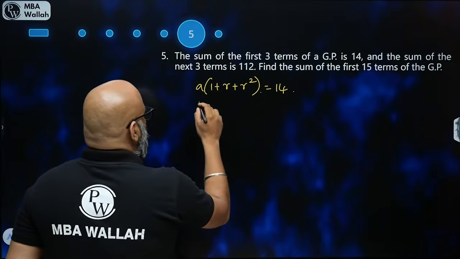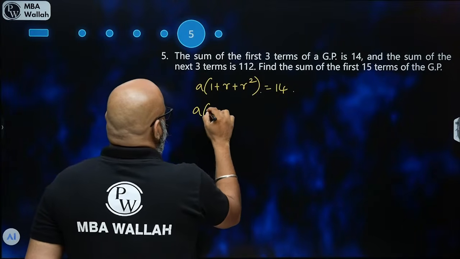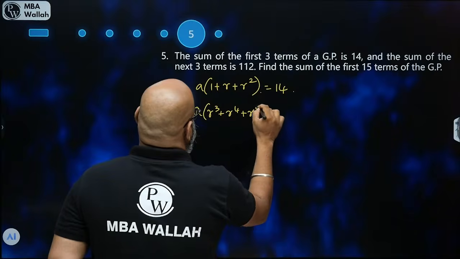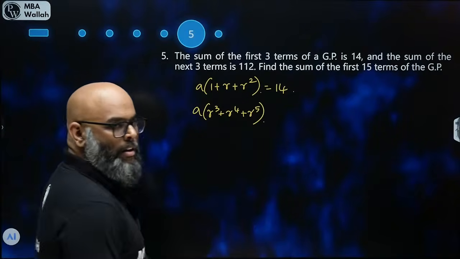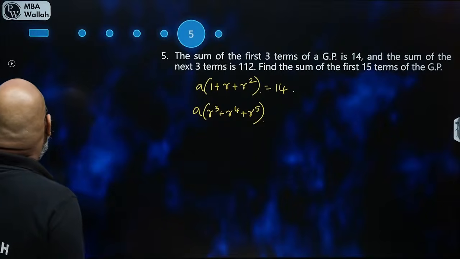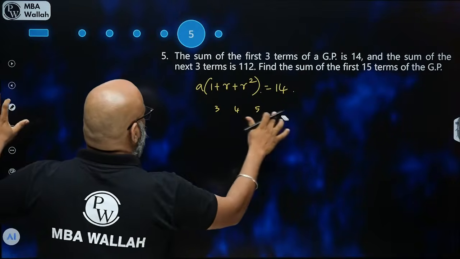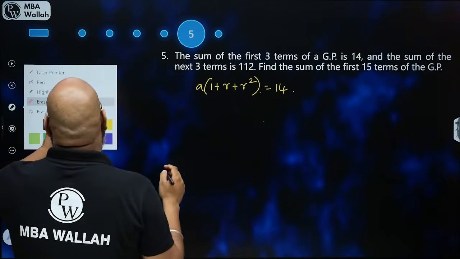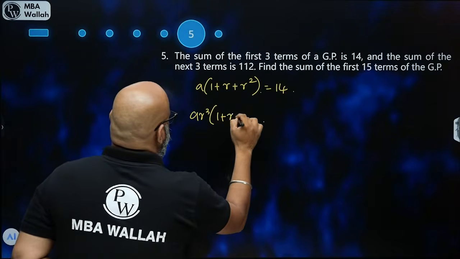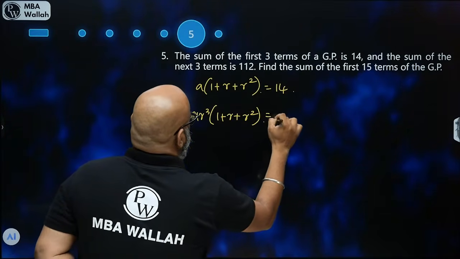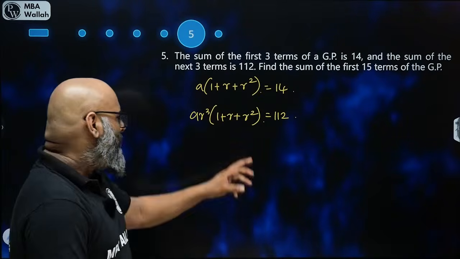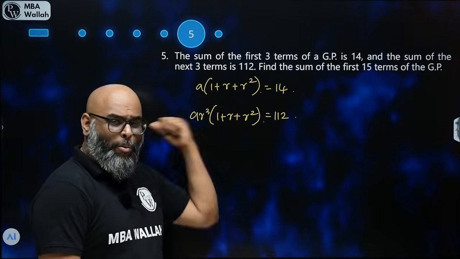The next three terms will be A into R cube plus R power 4 plus R power 5. But I can also take R cube out common, so instead of writing R cube, R power 4 and R power 5, we can write this as AR cube into 1 plus R plus R square, and that will be 112. Instead of taking A common, I am taking AR cube common.